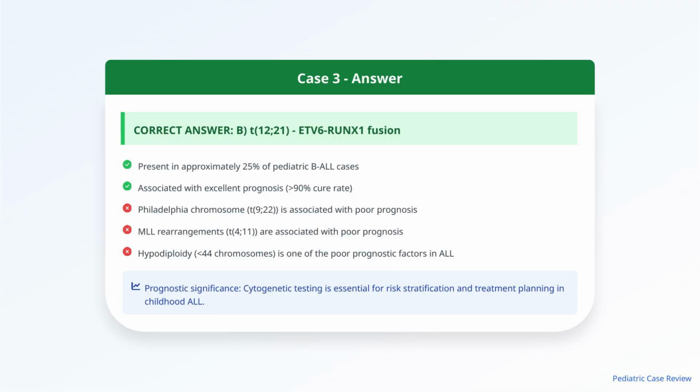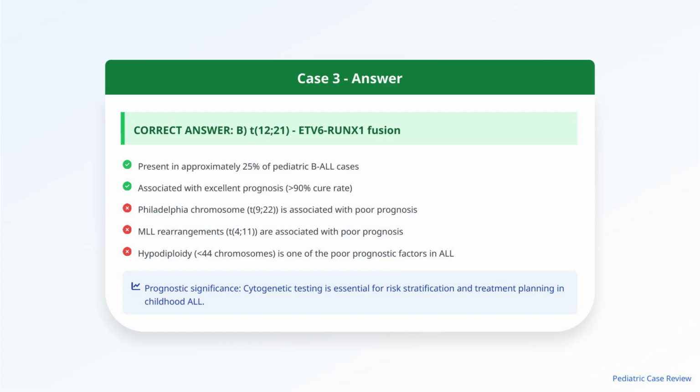The correct answer is B. The translocation t(12;21) resulting in ETV6-RUNX1 fusion is associated with the most favorable prognosis among these options. This genetic abnormality is present in approximately 25% of pediatric B-cell acute lymphoblastic leukemia cases and is associated with an excellent prognosis, with cure rates exceeding 90%.